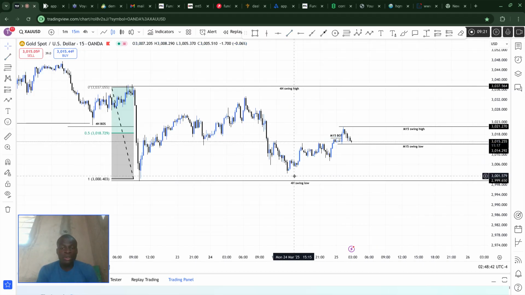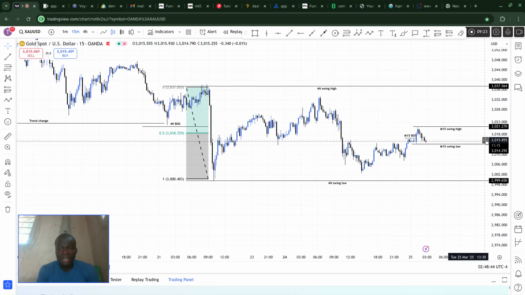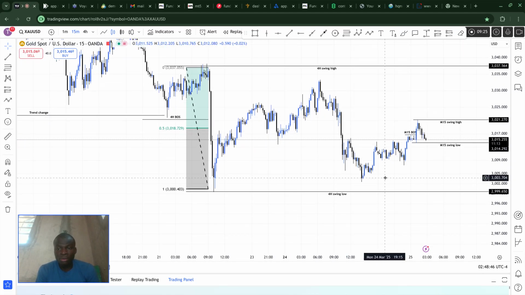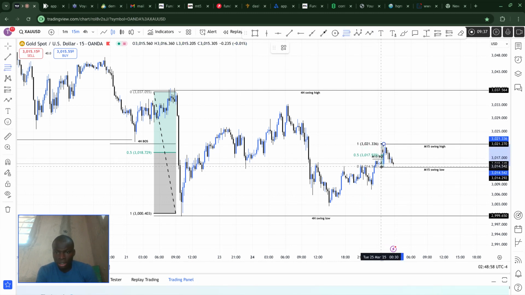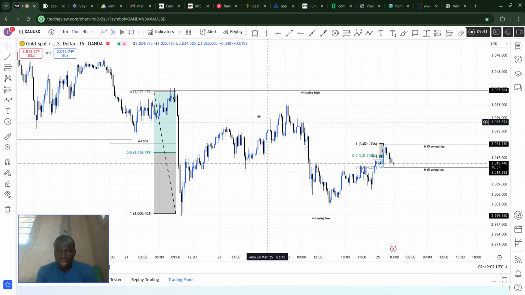So somewhere here like this, if you're going to trade it, probably go to the M15, very tight. Then as you can see, we go to the 1 minute time frame.